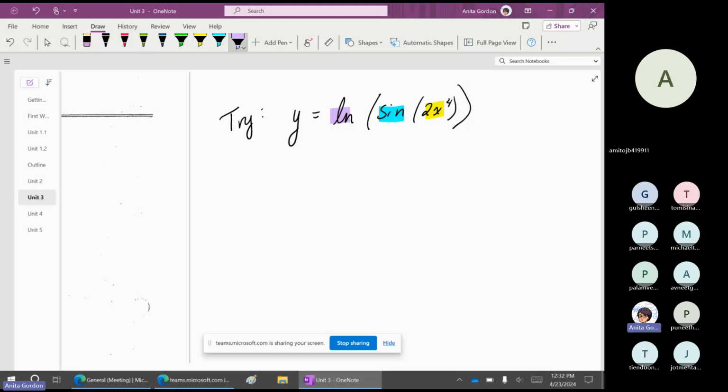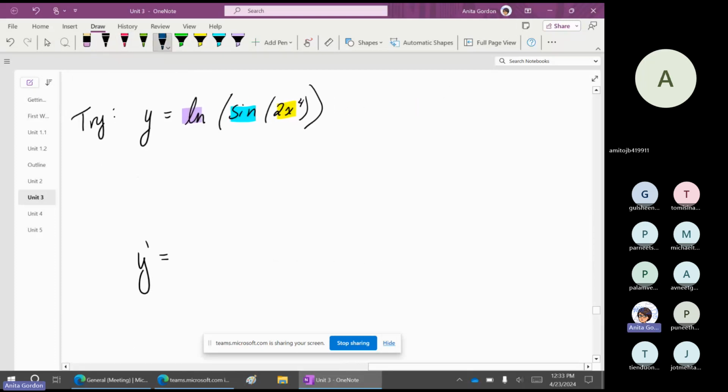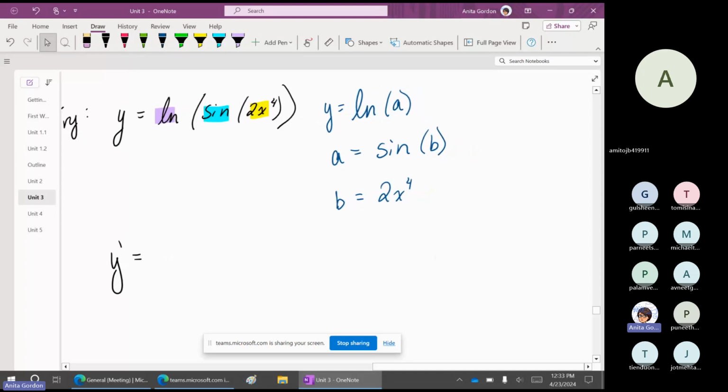All of these are functions within a function. They are not timesing each other. And I want it to be pretty. What's that in the bracket? Not opposite, not inverse, it's derivative.